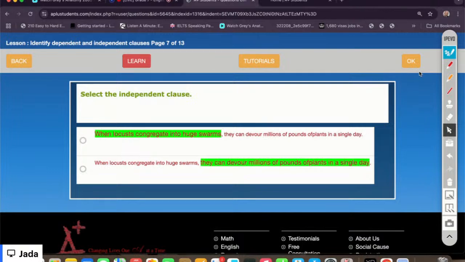When locusts congregate into huge swarms, they can devour millions of pounds of plants in a single day. So independent clause. What is the independent clause here?